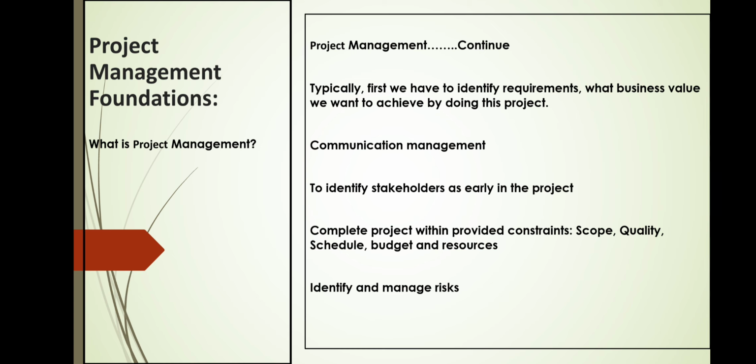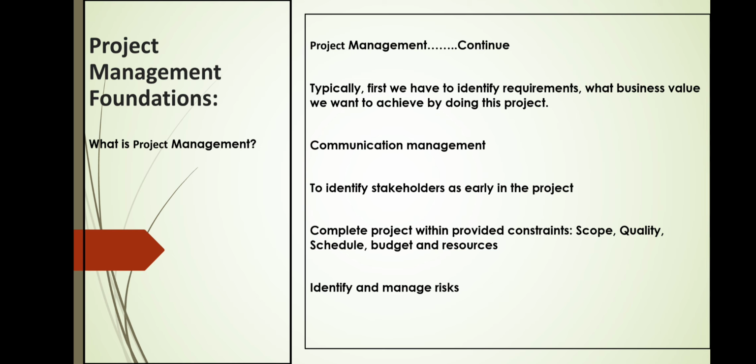So lastly, but very important, we have to work on constraints that we have been provided by the project sponsor. Like we have to keep our project within that schedule, within that budget, and we have to use a set amount of resources to achieve that quality and scope.